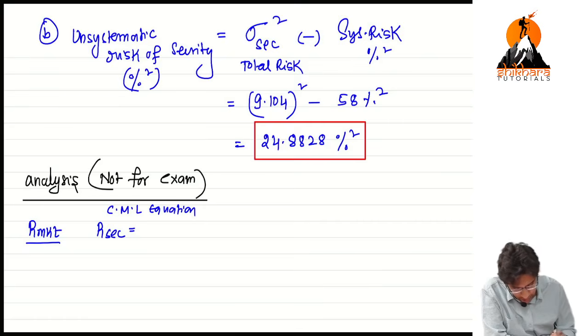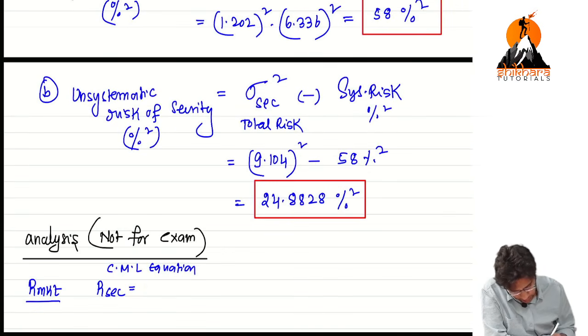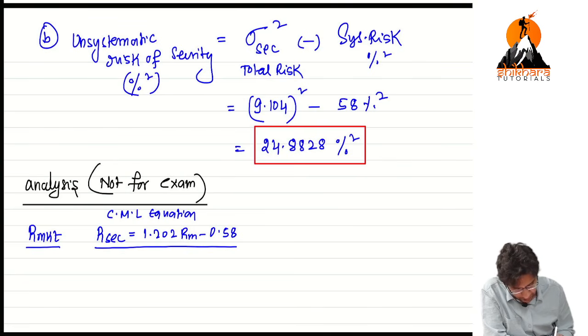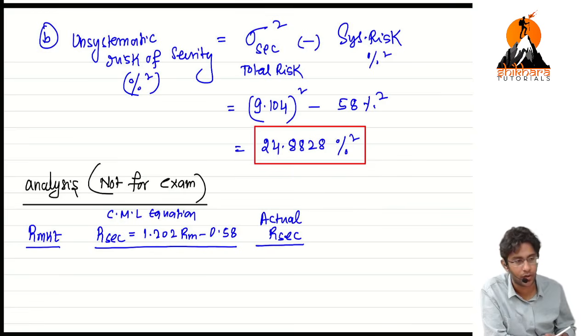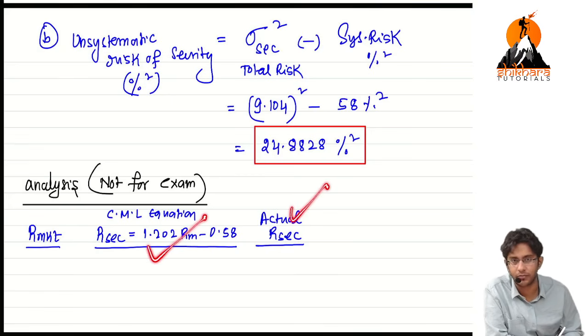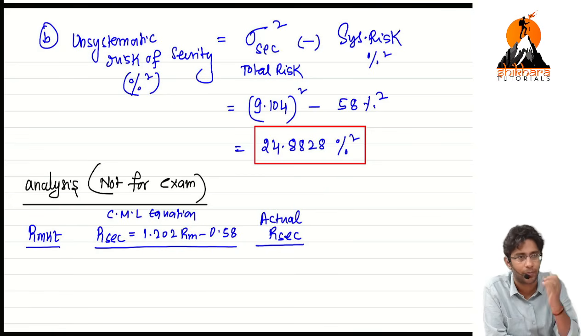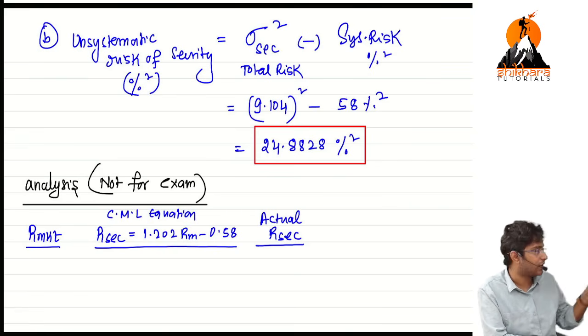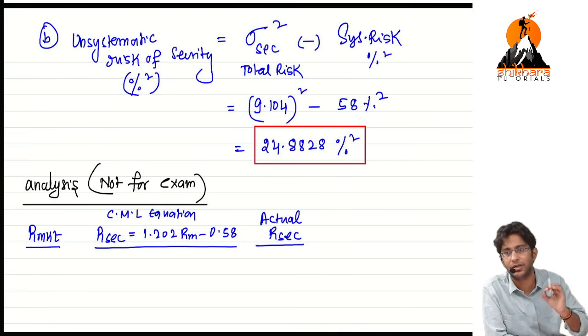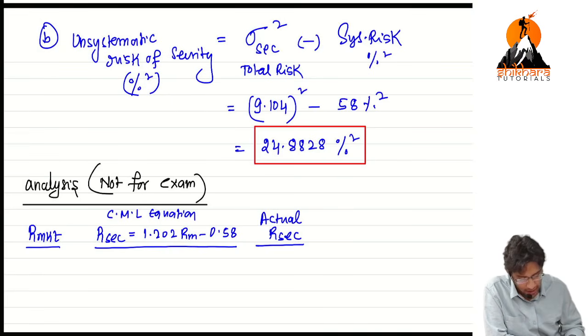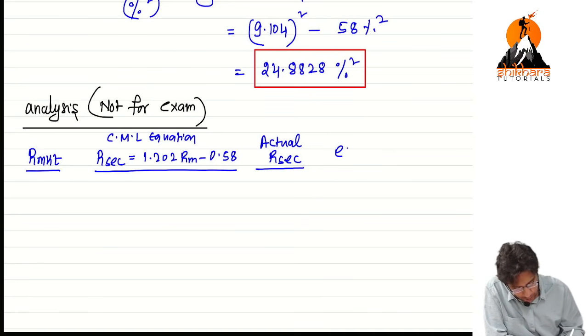What was the characteristic market line equation? 1.202 RM minus 0.58. Next, I will write the actual return of the security. Ideally they both should match, but they will not match. Why? Because our straight line is not a real straight line, it is like a dummy straight line. A gap will definitely come. That gap we call error.